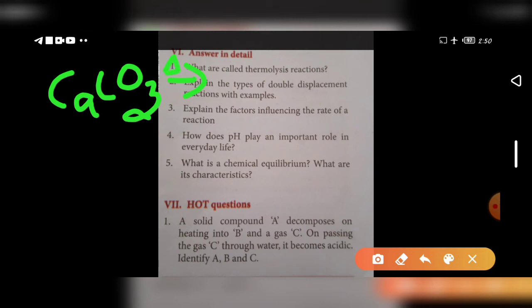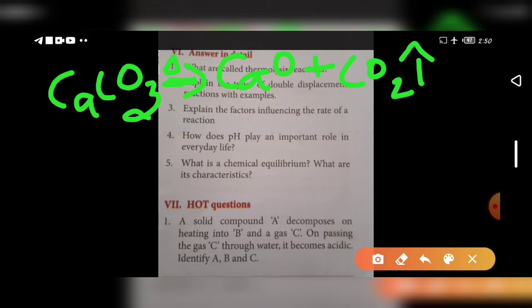You put delta, that is heating, it is a decomposition reaction. So it is converted into CaO plus CO2. You put the gaseous state, that is gas. This is the solid compound B, and CO2 is the gaseous state. So A is calcium carbonate, B is calcium oxide, C is CO2 gas.